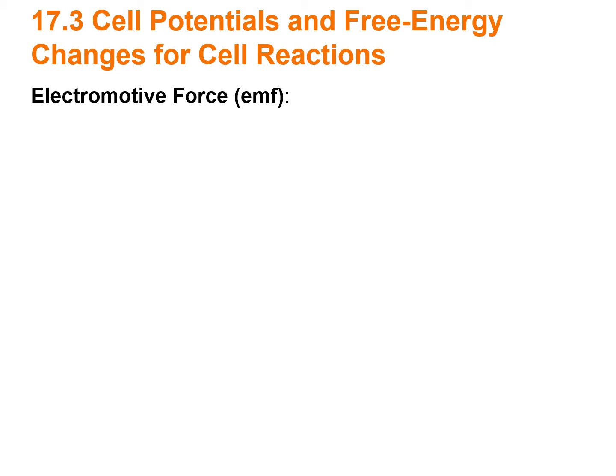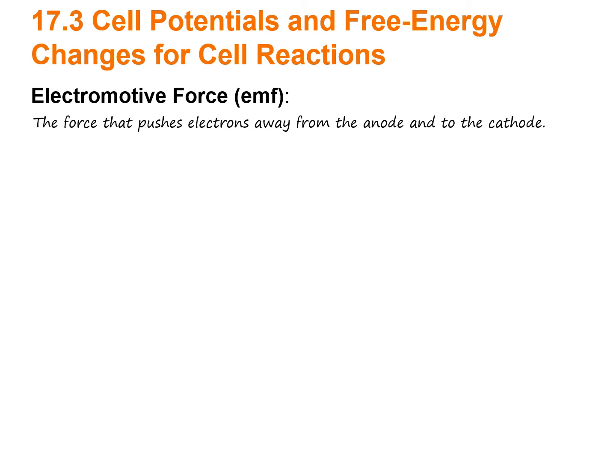Historically, the voltage that we have in a cell is considered the electromotive force. That is basically the force that pushes the electrons away from the anode and to the cathode. It's also called the cell potential or the cell voltage, and that's what we should really view it as.